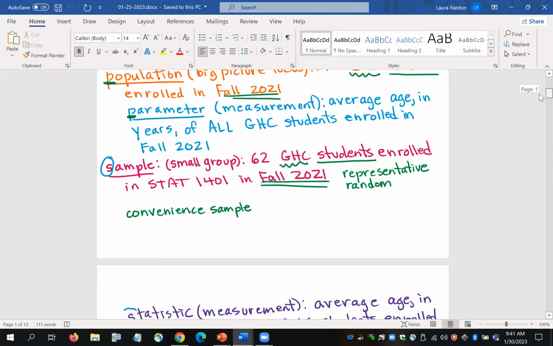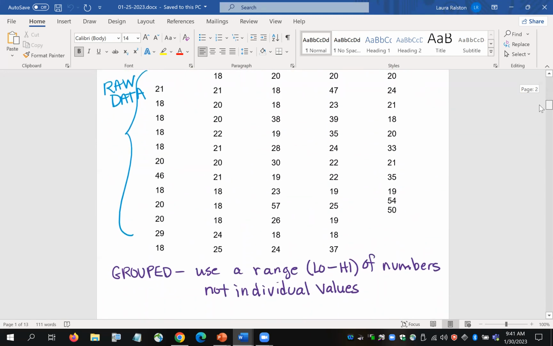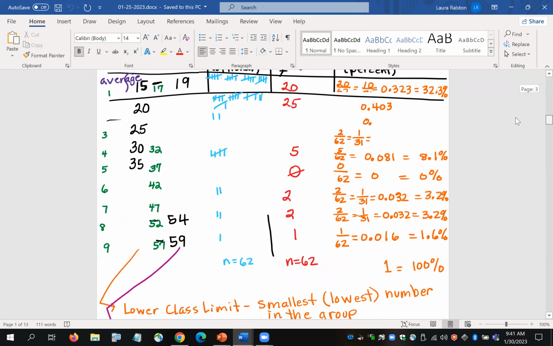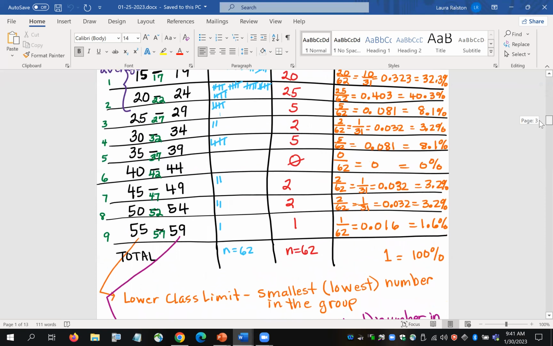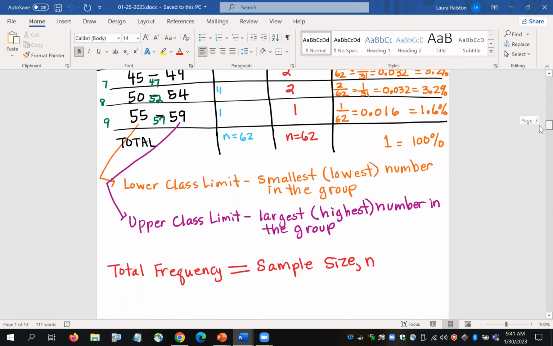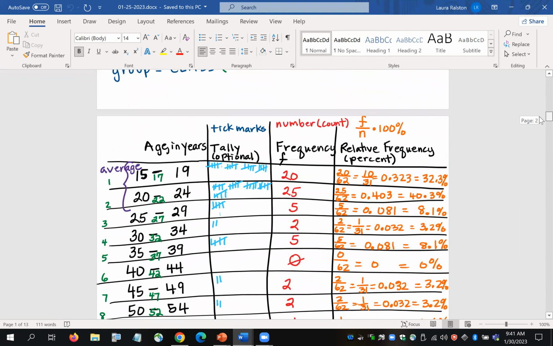So we've identified all of those pieces. We had our raw data. We created a grouped frequency distribution, remembering that our goal is to ultimately answer the question. We found that the grouped frequency distribution didn't really give us the final answer.